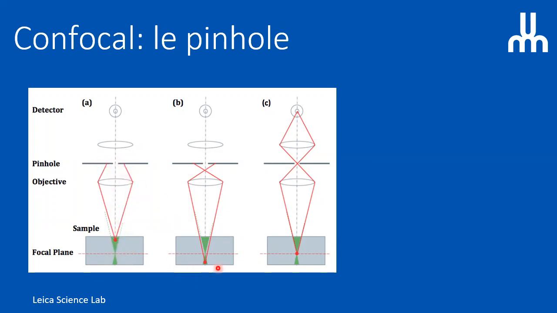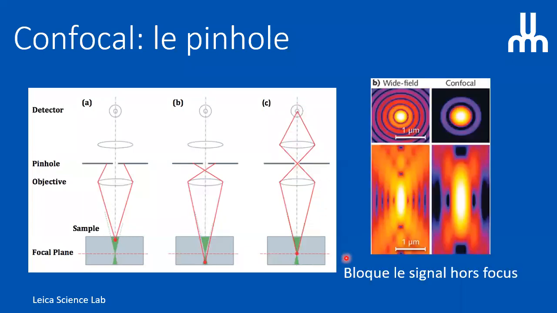Again, here it's out of focus and it's blocked. But when it's focused, it gets through the pinhole and reaches the detector. So that's great. We remove all the light that is outside of the focal plane. It's not perfect. We still have some light that comes from outside, but it's more limited.